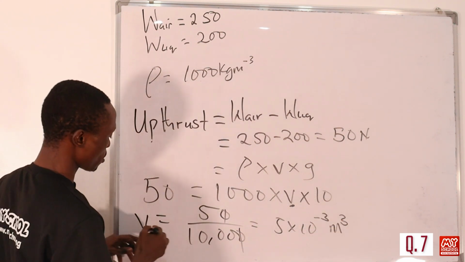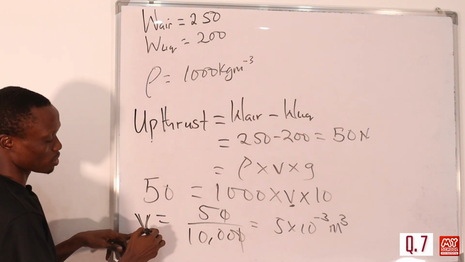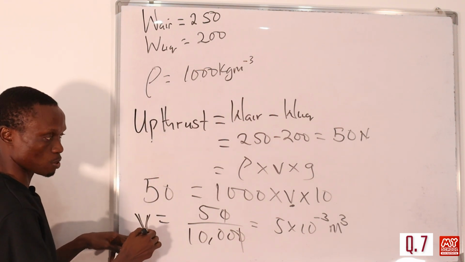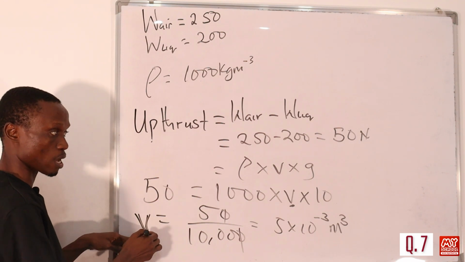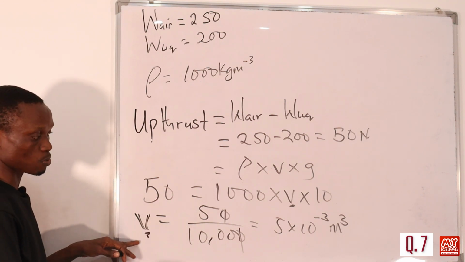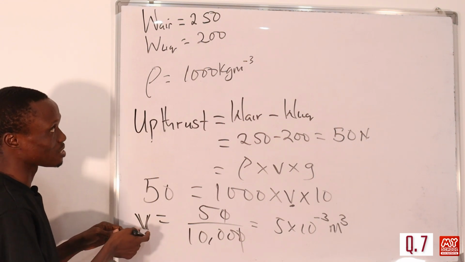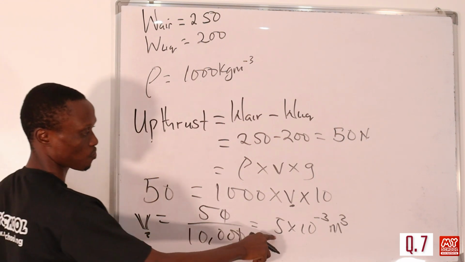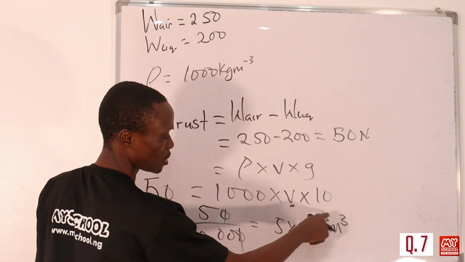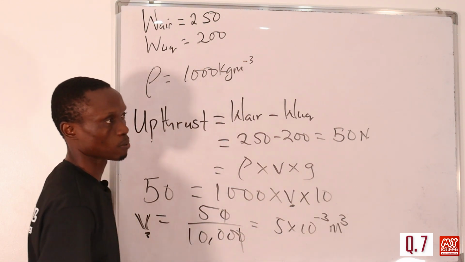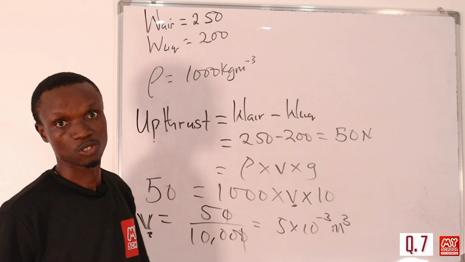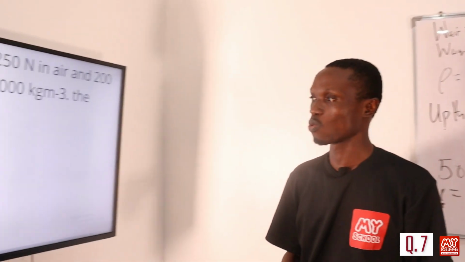Now remember, this volume is actually the volume of the fluid displaced, and the volume of the fluid displaced, according to Archimedes' principle, is equal to the volume of the object. So in this case, the volume of the iron is equal to 5 times 10 raised to power minus 3 meters cube.